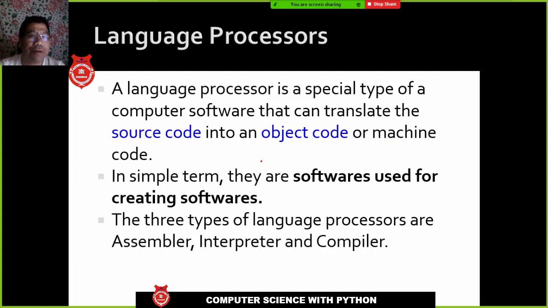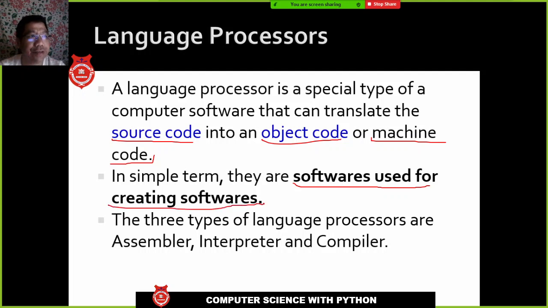Now let's talk about language processors. Language processors are special types of computer software that can translate the source code into an object code or machine code. Okay, we are going to learn what is object code, what is machine code, and what is source code. But for now, I want you to know that language processors are the software which are used for creating software.